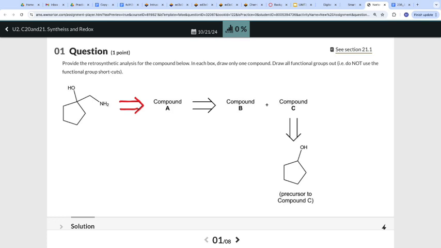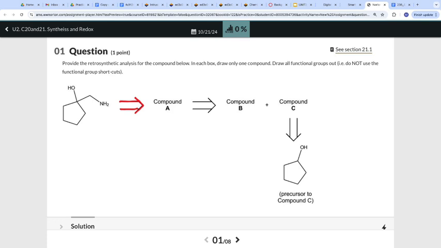But those arrows are very specifically saying product on the left, reactant on the right. So what we're saying for compound A is, if I had compound A, I would react it with something to make the thing on the left. Is that confusing? Yeah, I don't get it. I really don't. I just don't understand it.